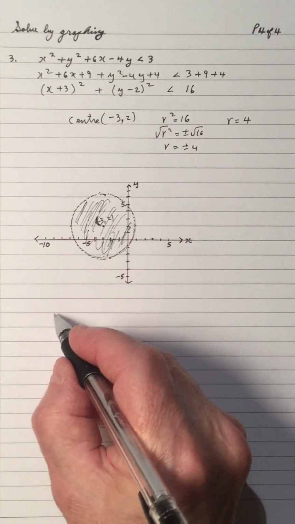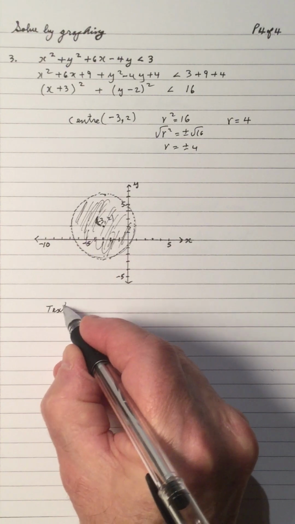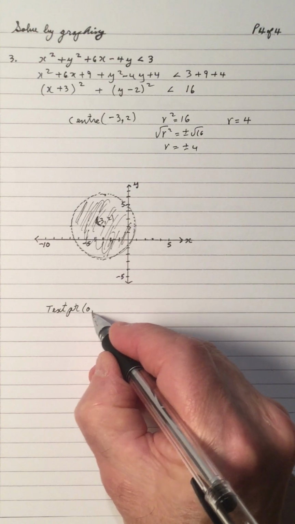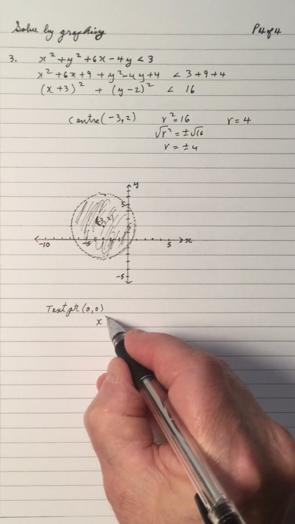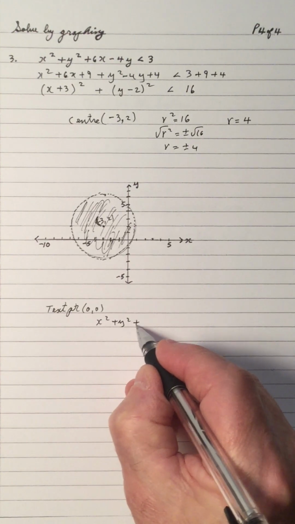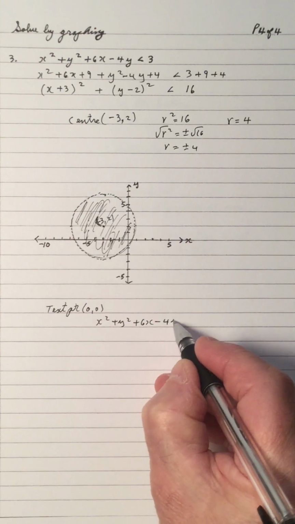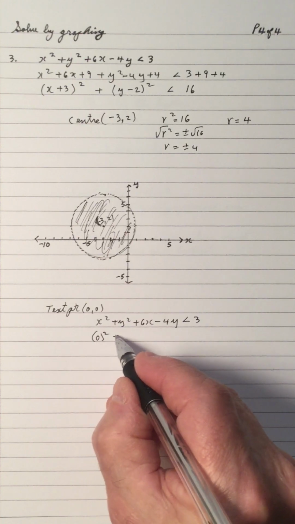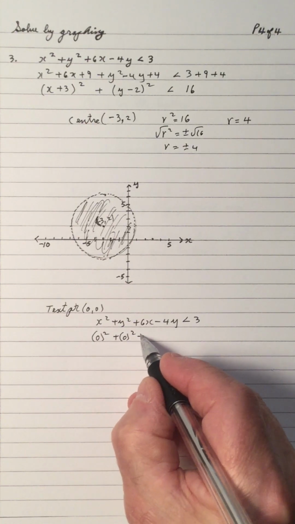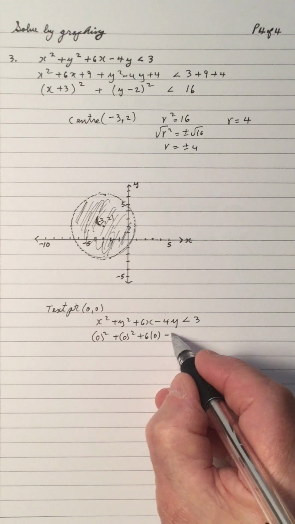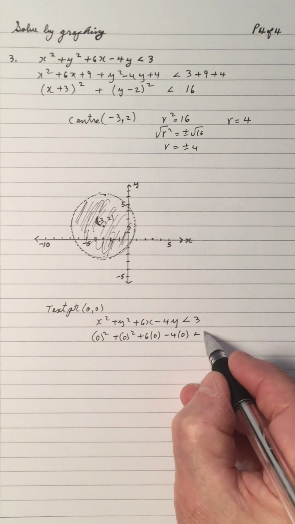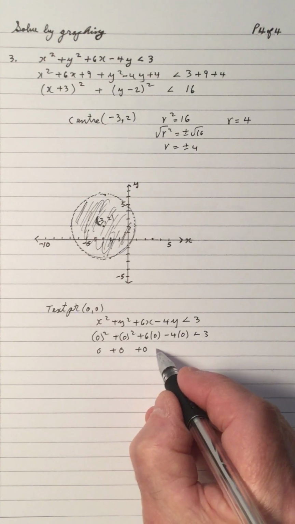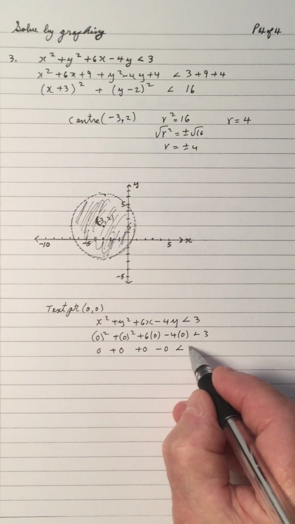And again, to test that, let's use a test point. The boundary didn't pass through 0, 0, so let's use 0, 0 as a test point. So x squared plus y squared plus 6x minus 4y less than 3. x is 0, y is 0: 0 plus 0 plus 0 minus 0 less than 3.